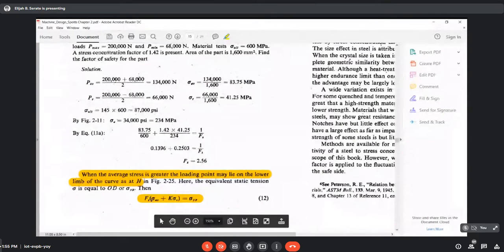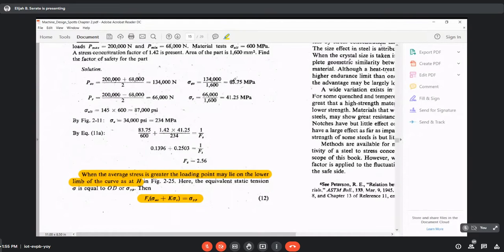It seems harder to memorize. And you remember this formula on 12? Yes, sir. Now, according to the statement, when the average stress is greater, the loading point may lie on the greater side. In our example, actually, this is our example.